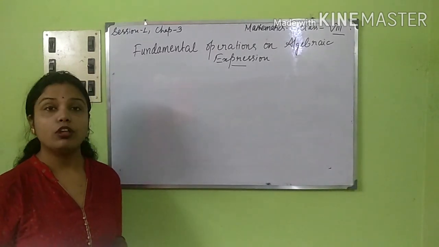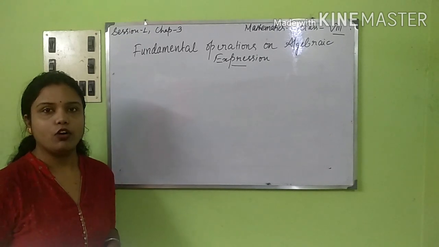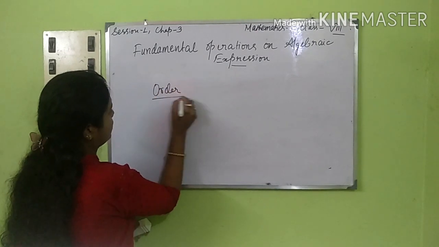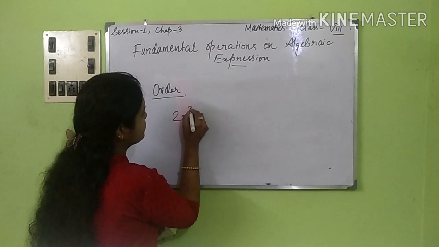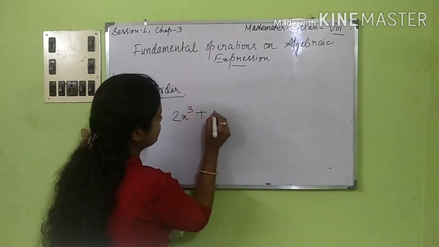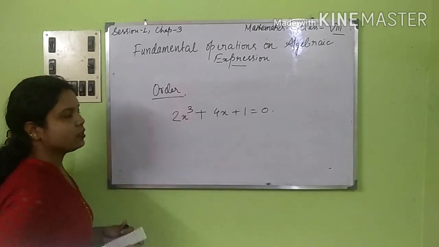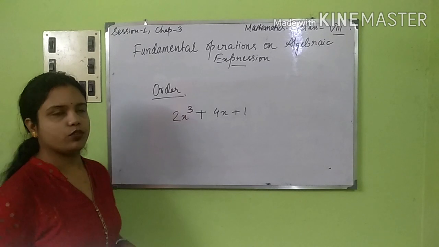Next, coming to the order of the equations. How will you find the order? Suppose the order of the polynomial 2x cube plus 4x plus 1 equal to 0. Suppose this is a polynomial given. No need of the equal to 0 right now, just think of this: 2x cube plus 4x plus 1.